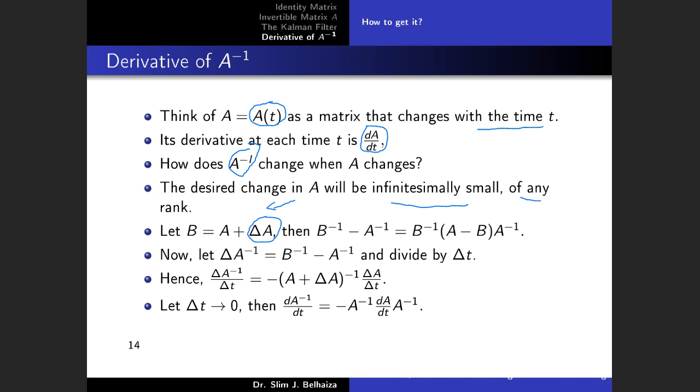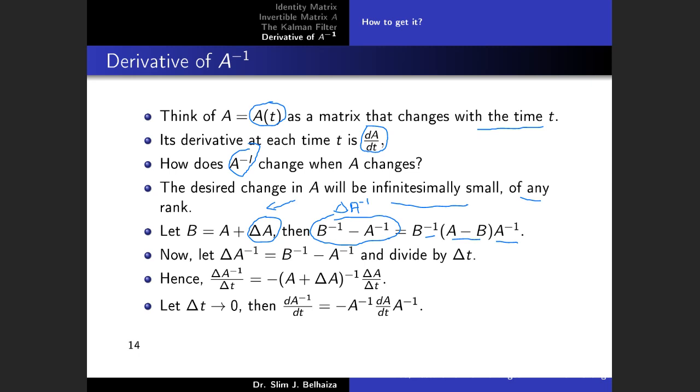So B inverse minus A inverse is the variation in A inverse, in fact. And we can easily show that it's equal to B inverse times (A minus B) times A inverse. So the variation in A inverse could be measured as B inverse times (A minus B) A inverse.